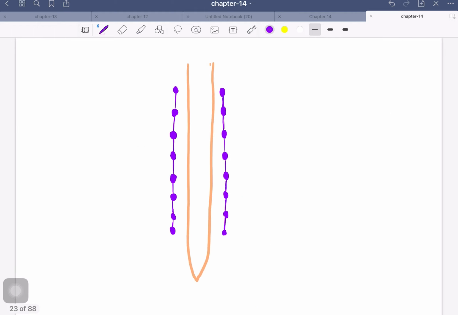Now, let's head here and start talking about something called the sympathetic chain. What I've drawn here is the spinal cord, and running beside the spinal cord, it's a bilateral structure, is the sympathetic ganglionic chain. So we have a series of ganglia, and these ganglia are connected to each other.